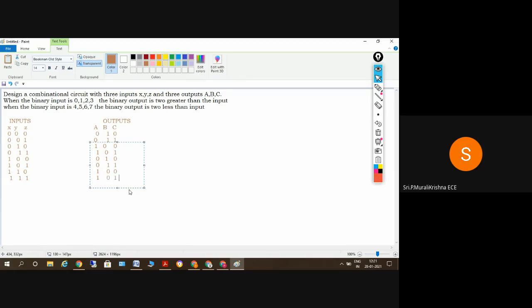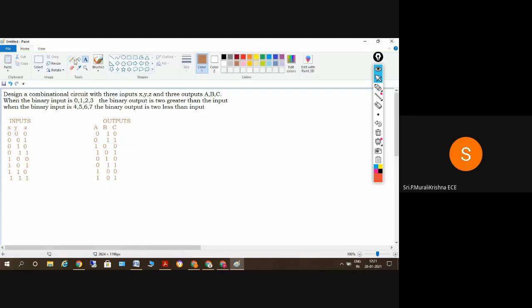Okay, so there is the truth table that we got here. Next we'll go for the K maps. So it is the K map for A, B, C. We'll find the K map for A, B, C here.